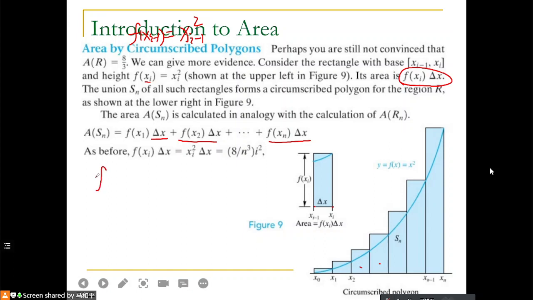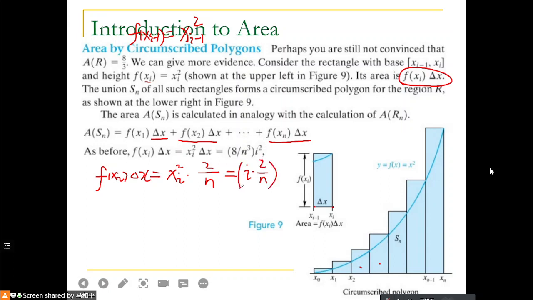As before, we calculate f of x i times delta x, where f of x i is x i squared. Delta x, we know, is still 2 over n. So 2 over n. And x i is i times 2 over n.